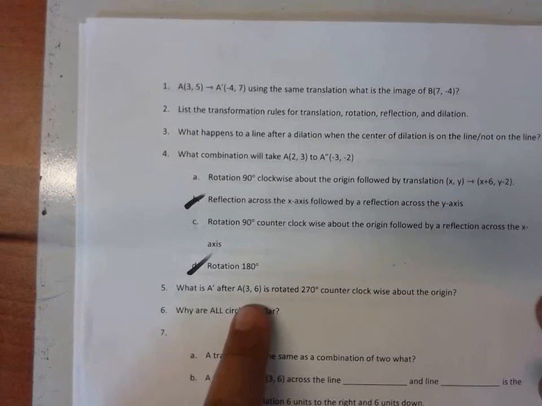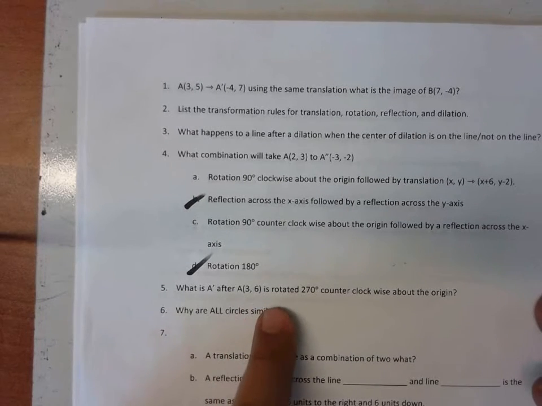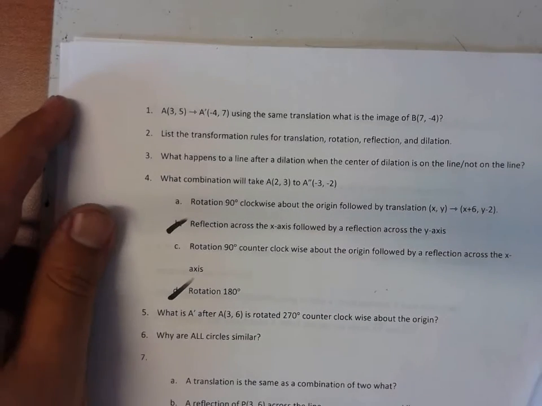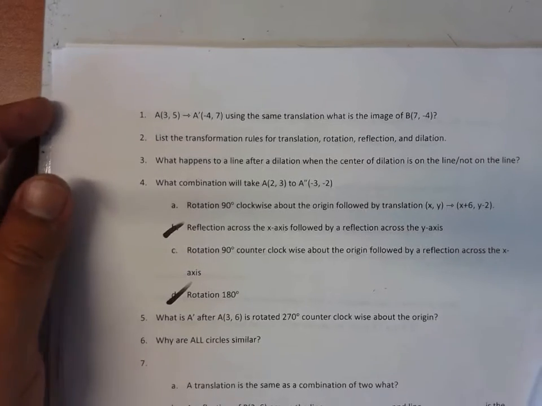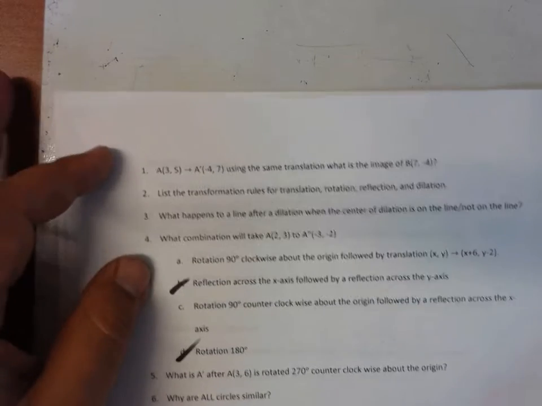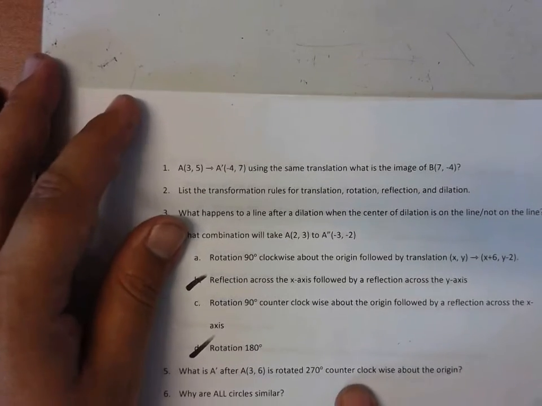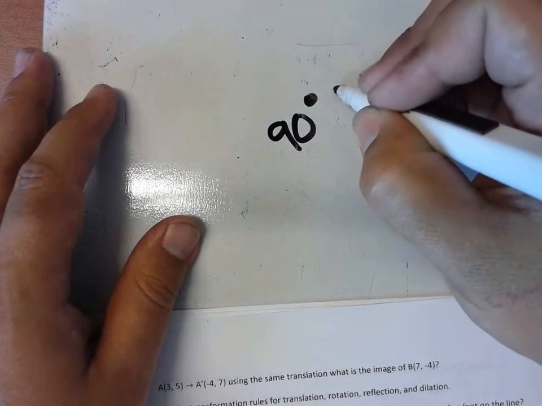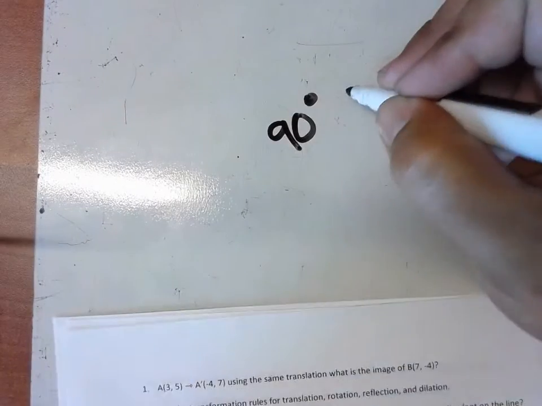5. What is A prime after A, 3, 6, is rotated 270 degrees clockwise about the origin? 270 degrees in one direction is the same exact thing as 90 degrees the opposite direction. This says 270 degrees clockwise, so 90 degrees, that says counterclockwise.